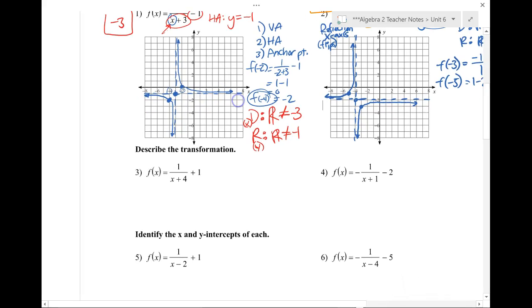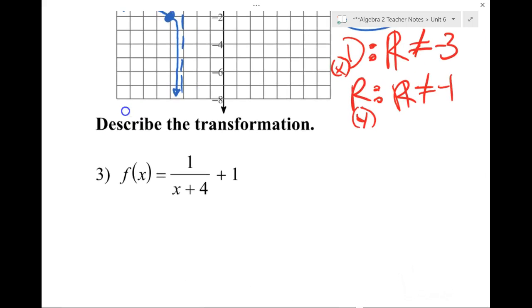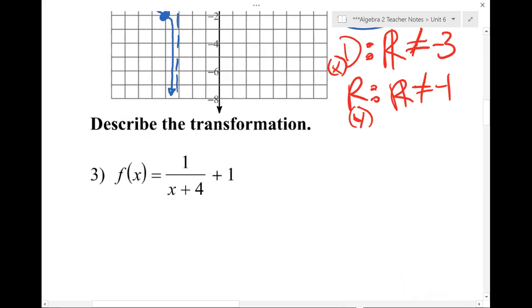All right. Now the next one. Describe the transformation. What's happening? How is this different from our parent function f of x equals 1 over x? Okay. So now where we need to look is here at this value and here at this value to figure that out.